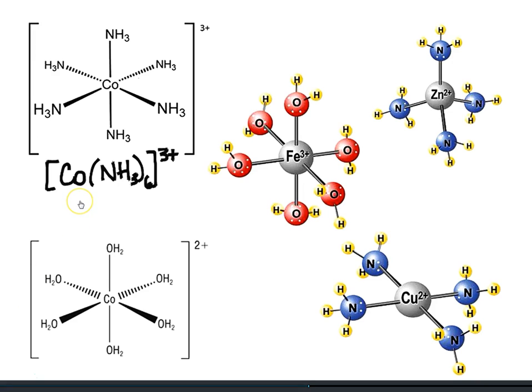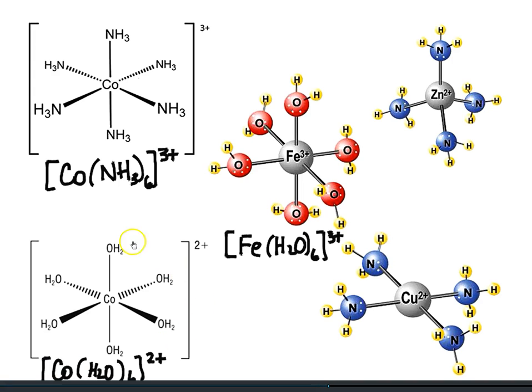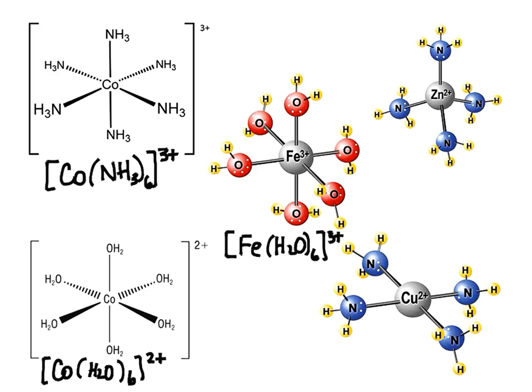So now when we write the overall formula, since the ammonias are neutral, the overall charge is still +3. The water molecules in the lower left hand in this complex ion at the bottom, this is a cobalt +2 ion with 6 water molecules attached. So you get cobalt, you get the water in parentheses with a 6, and the overall charge is +2. In the center we have an iron 3 and 6 waters attached.